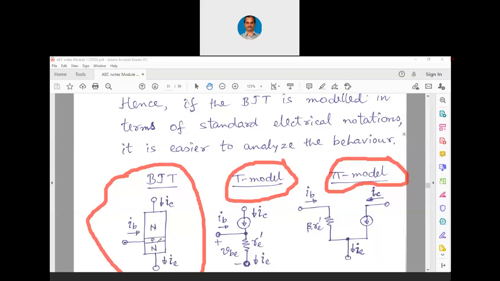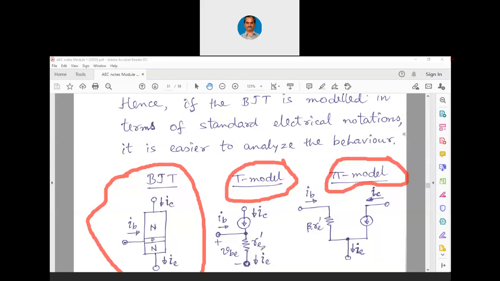Capital VBE is the DC counterpart, whereas we are discussing around the Q point the AC counterpart, that is small vbe. Now the small vbe is there between base and emitter, that is written here. Now this particular base to emitter junction has got its dynamic resistance. The dynamic resistance we represent as re dash.